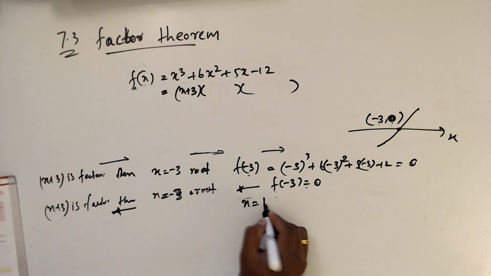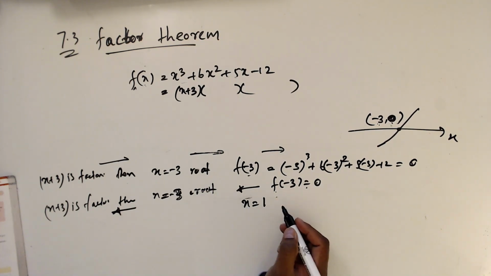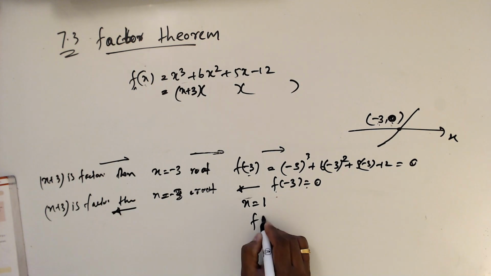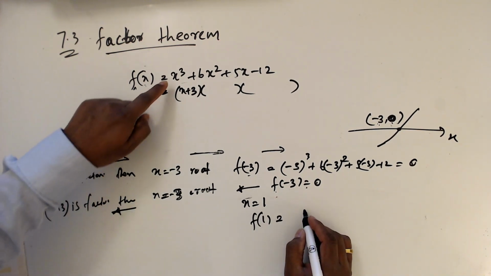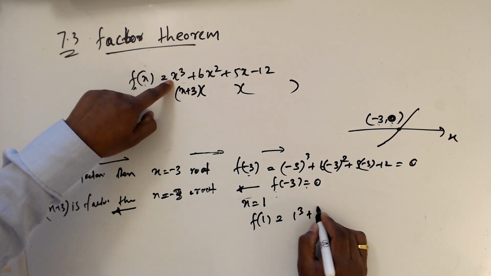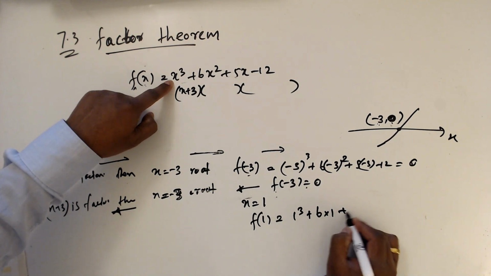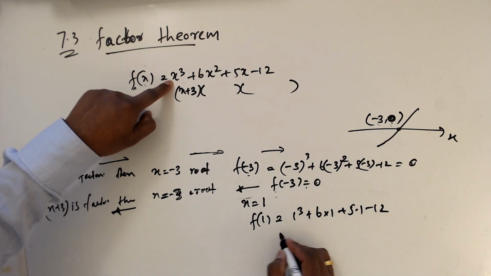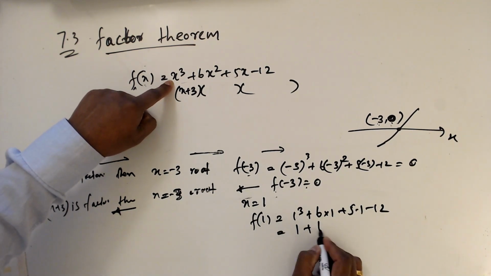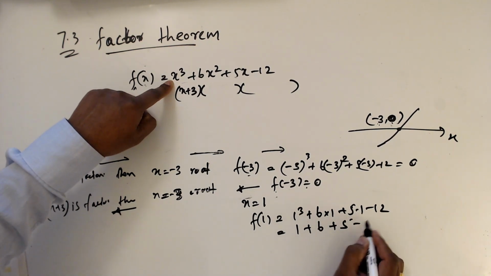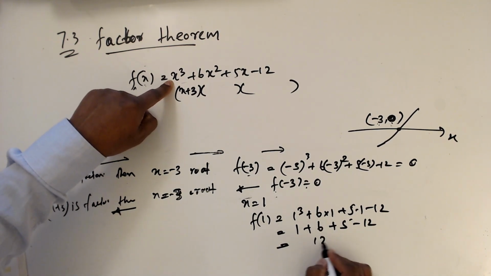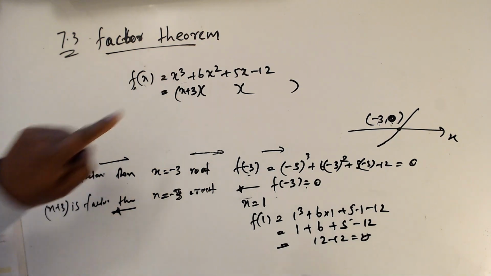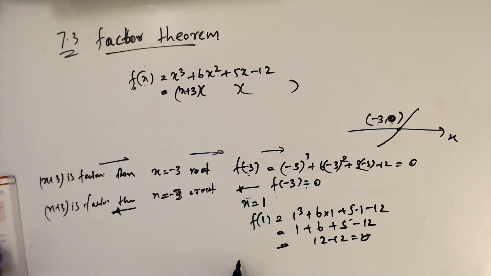x equal 1. Then f(1) equals 1 cube plus 6 times 1 plus 5 times 1 minus 12. 1 plus 6 plus 5 minus 12. What is the answer? 12 minus 12 equals 0. That's a good one.